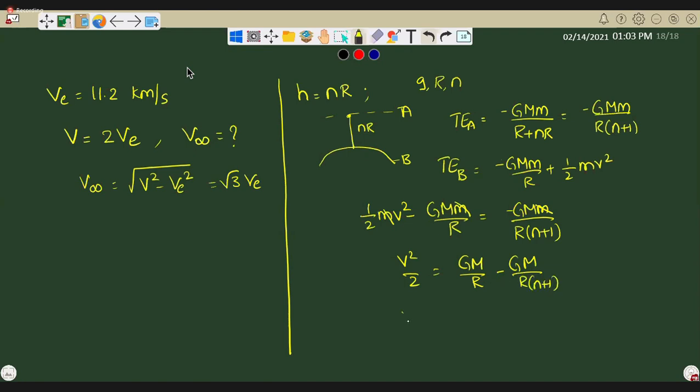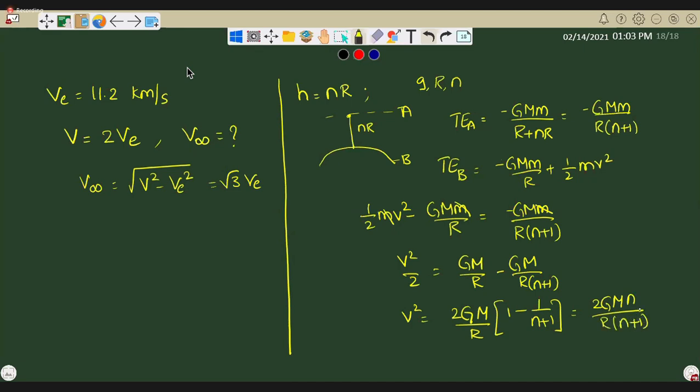So v square is equal to G m divided by R, taking common 1 minus 1 by n plus 1. n plus 1 minus 1 gets cancelled: 2 G m n divided by R into n plus 1.